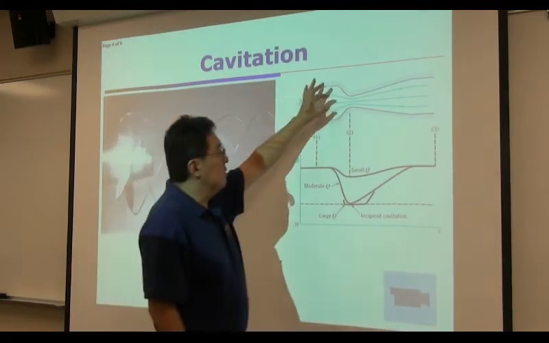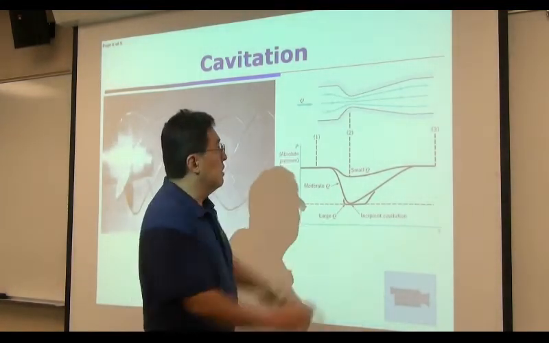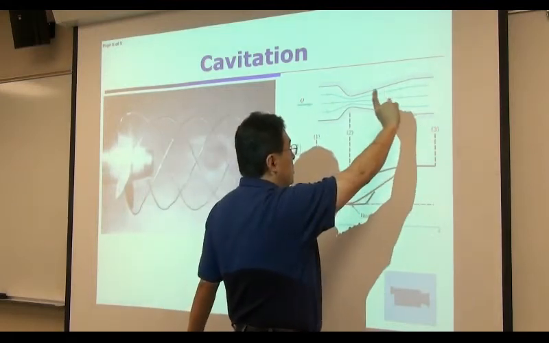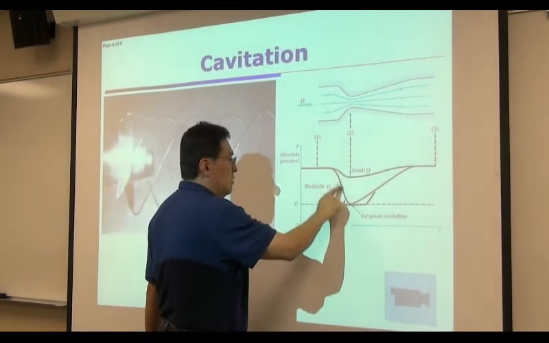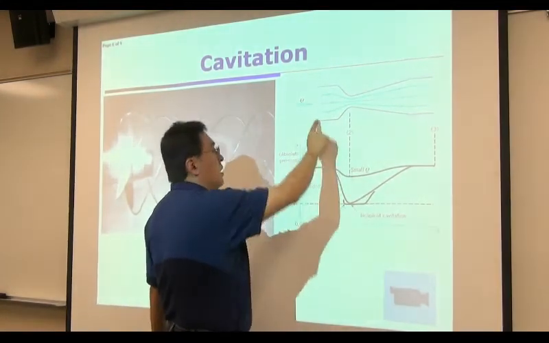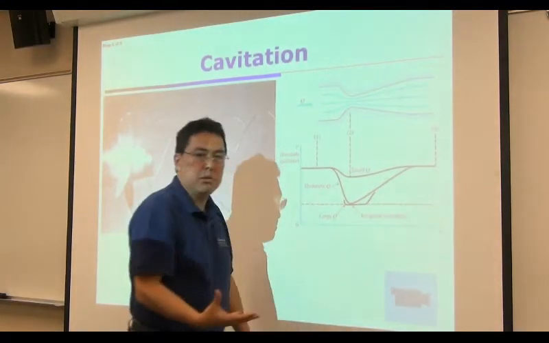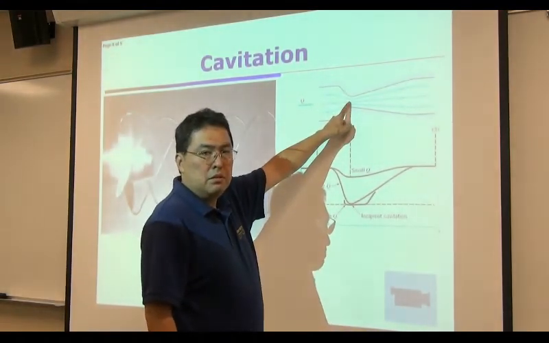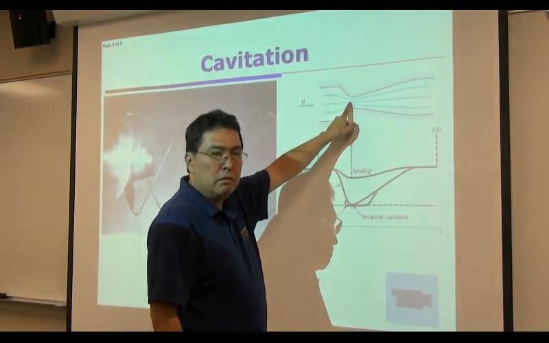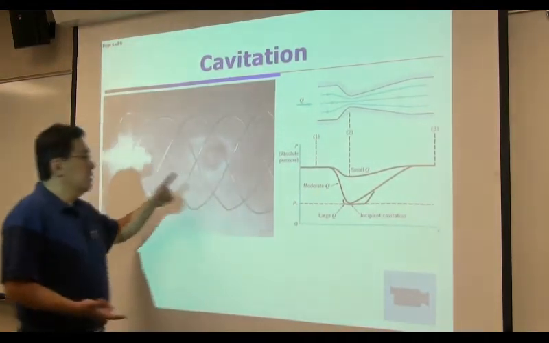But if you reduce the cross-section too much, you accelerate this flow too much, you lower the pressure too much. That happens to be this lower pressure. It's the lowest point. This pressure becomes vapor pressure for a given temperature. You begin to have a cavitation here. Cavitation means that you turn the liquid water into gas vapor of H2O.